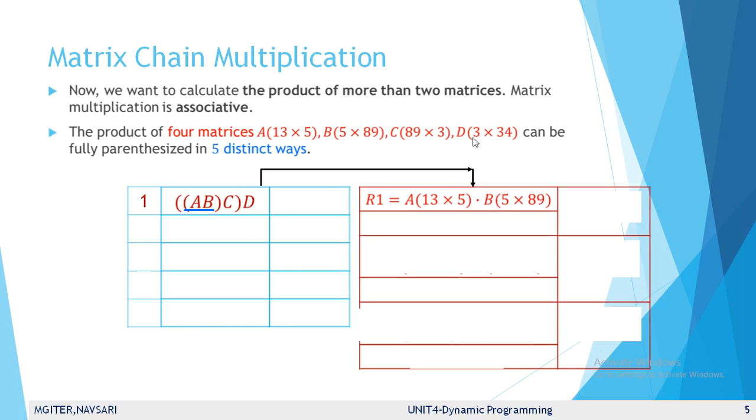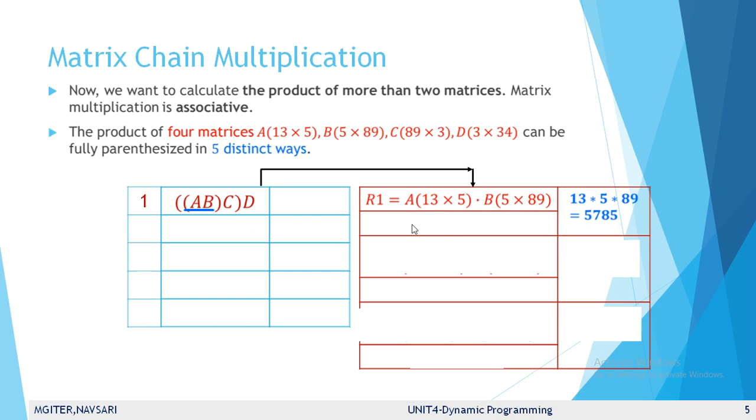See here, first multiply A into B. The dimension of matrix A is 13 cross 5 and of matrix B is 5 cross 89. So P cross Q cross R, that is 13 into 5 into 89, is equal to 5785.